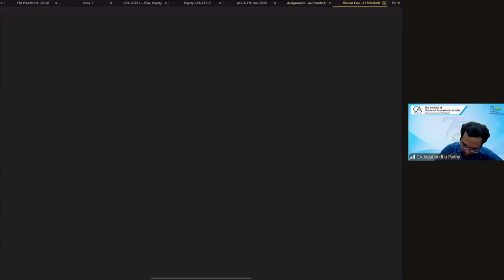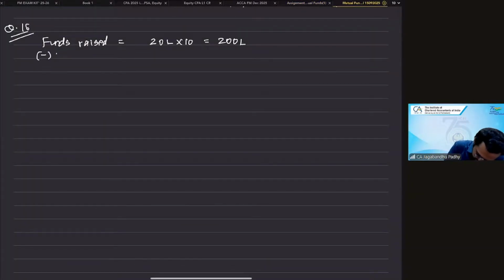Initial expense is 12 lakh, so we'll say less initial expense of 12 lakh, less portfolio built, which is 185 lakhs.